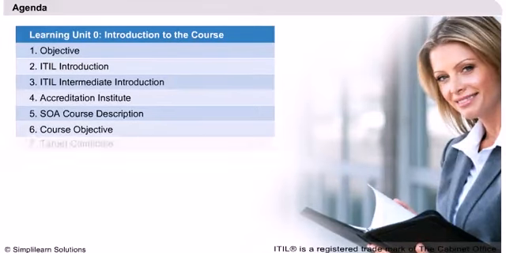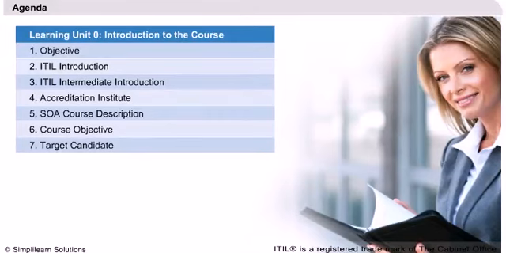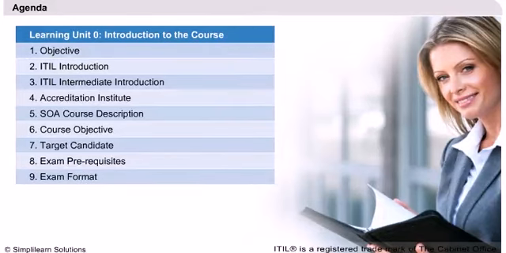We will then look at who can attend this course. Next, moving to the exam section, we will learn about the exam prerequisites, or say the eligibility criteria for attending this course, exam format and the exam tips to help you achieve this certification.